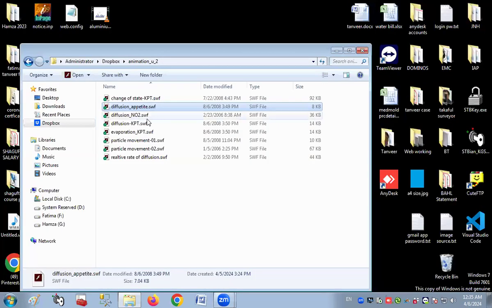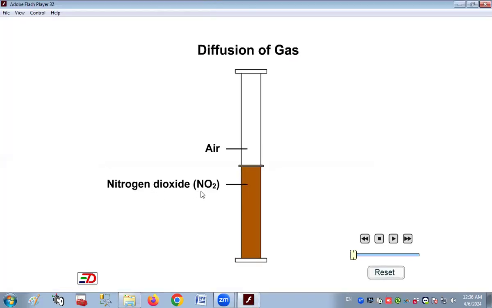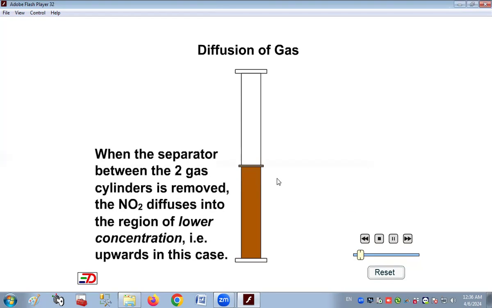Now the next one is about nitrogen dioxide, that is NO2, which is brown in color, and we have two gas jars. In the upper one we have air, and in the lower one we have the brown nitrogen dioxide gas. So if I remove the barrier in between these two jars, now there is a random movement of the particles of nitrogen dioxide and air as well.